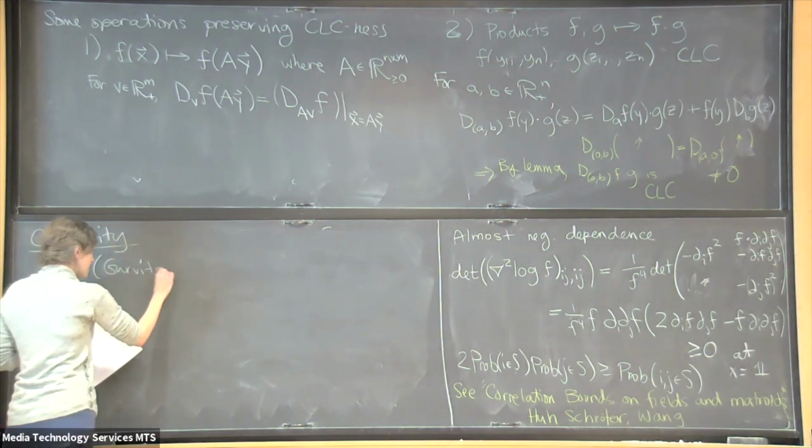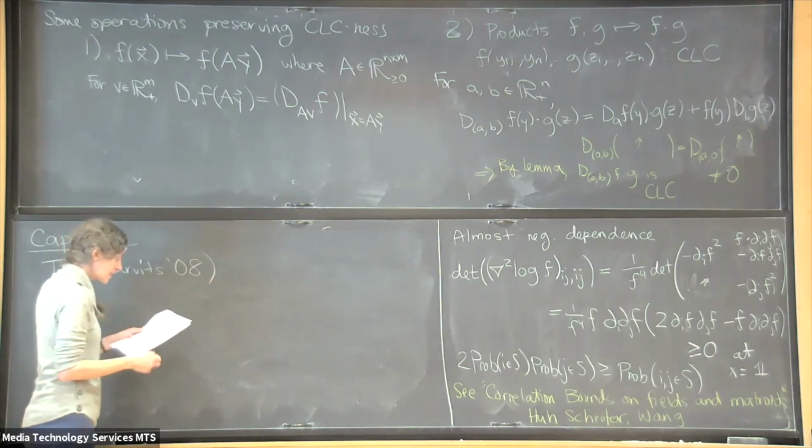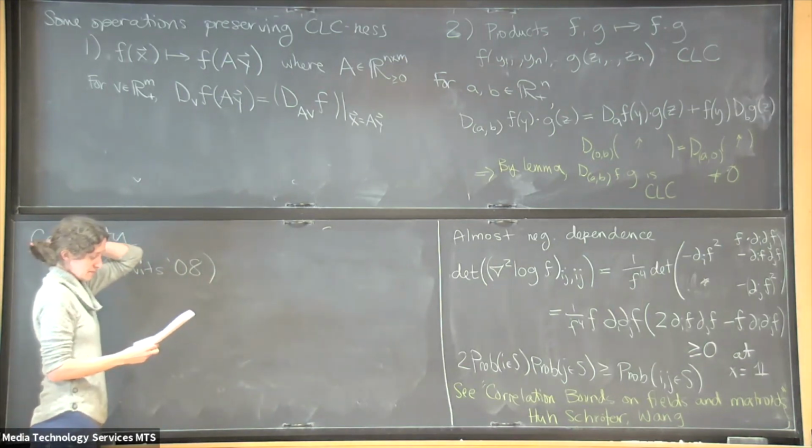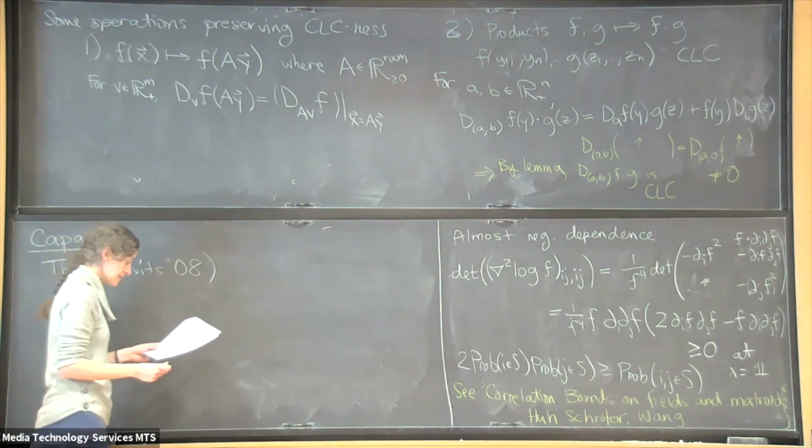In 2008, Leonid Gurvits had shown that if you have a strongly log-concave polynomial, you can say something about its capacity.